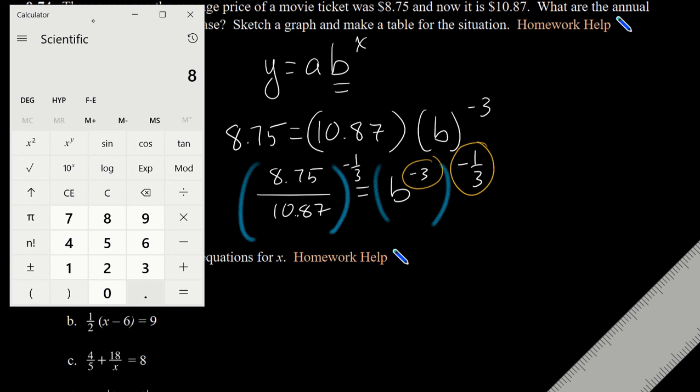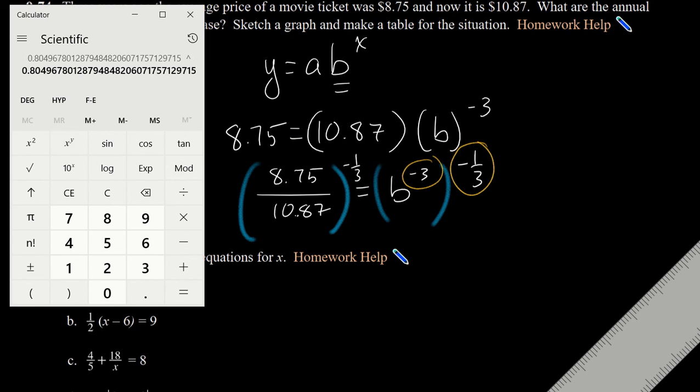So I'm going to take $8.75. I'm going to divide that by $10.87. Oh, no, that's a mistake. $10.87. There we go. Equals. So I got that crazy decimal. Now I need to raise that to a power. So I think I'm hitting this arrow. No, that's not what I wanted. Oh, it's x to the y.